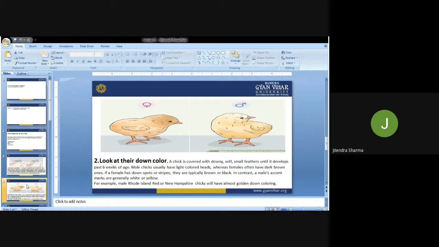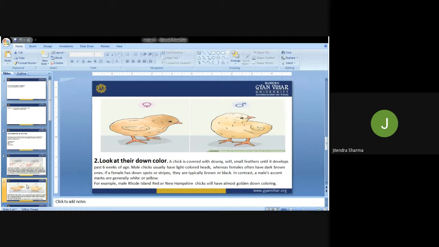So this is scientifically not correct, but on the basis of experience, people have shared the idea that on the basis of this color and pigment on the lower portion of the birds, we can say that if a light color, yellow color is there, the chick belongs to the male community, whereas if the dark color is there, then the chick belongs to the female community.